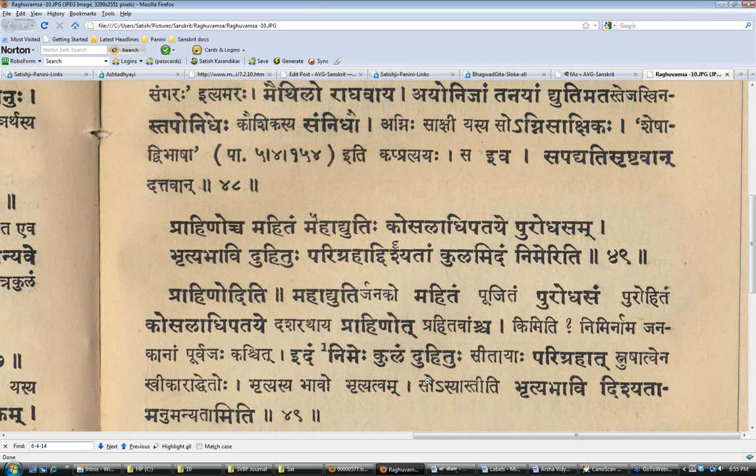Let this family of Nimi be of service to you. Grant permission to Nimi's family to be at your service by accepting Sita as your daughter-in-law. We'll do it next time.